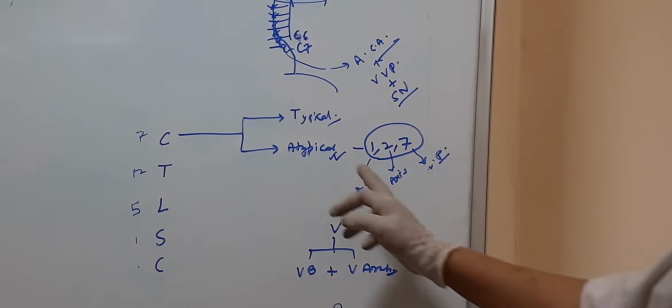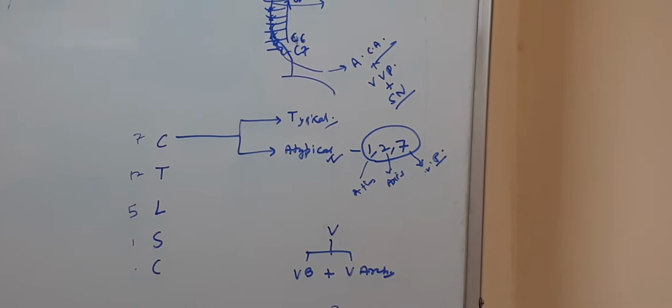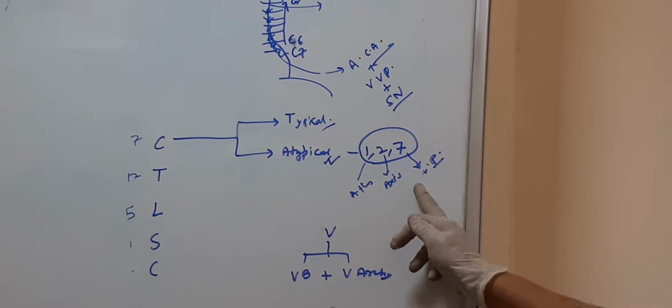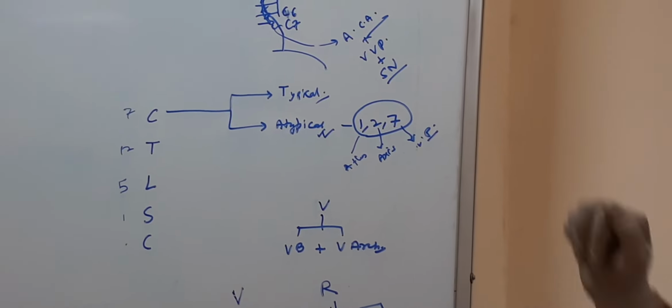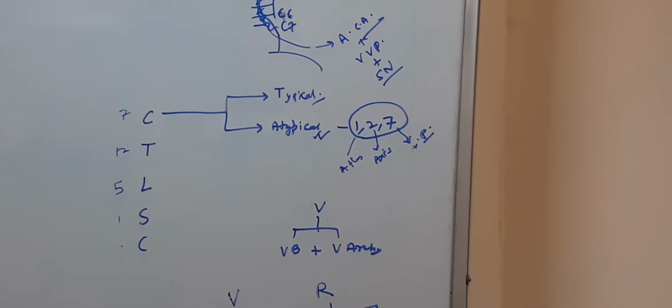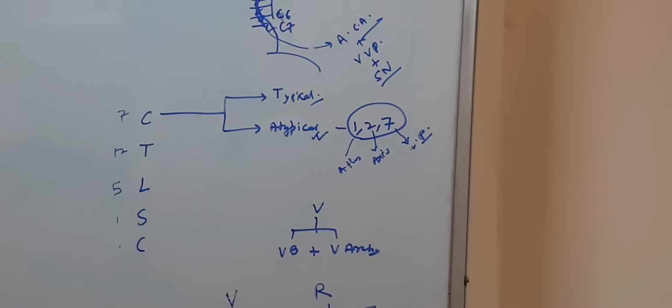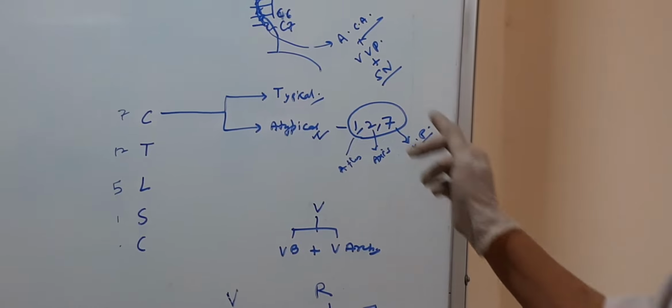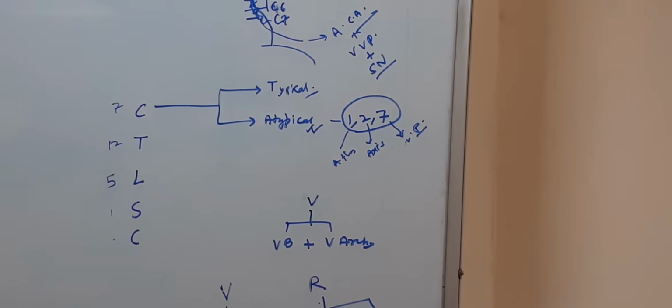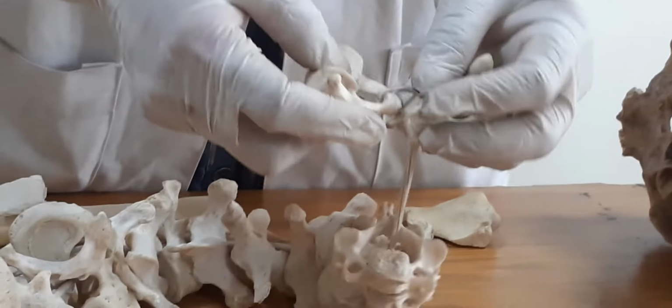So first, second and seventh are atypical cervical vertebra, and the rest, that is 3, 4, 5, 6, those are typical. Why they are considered atypical?